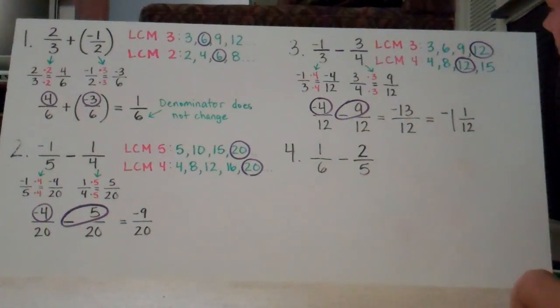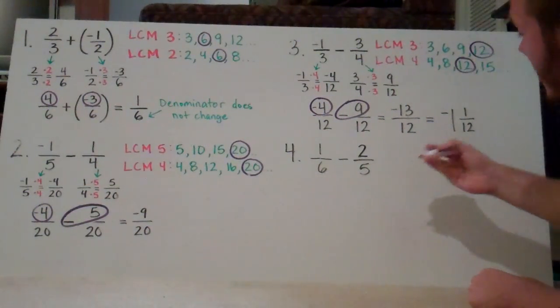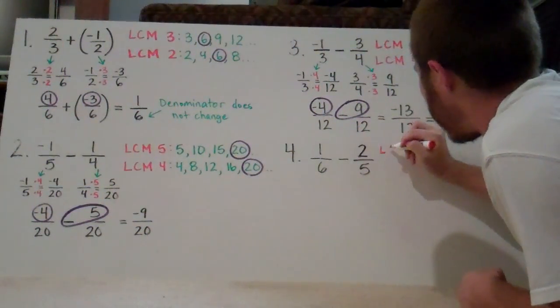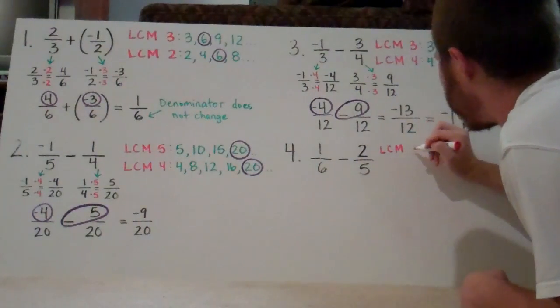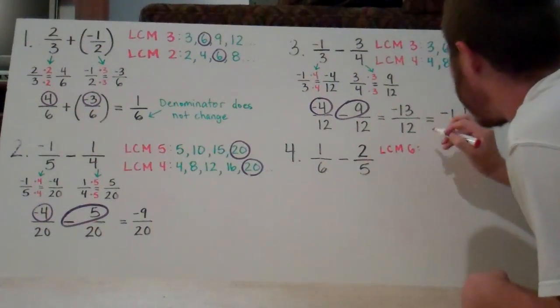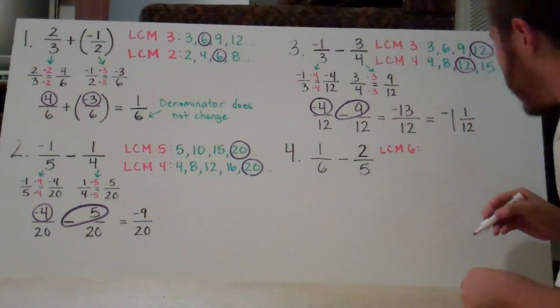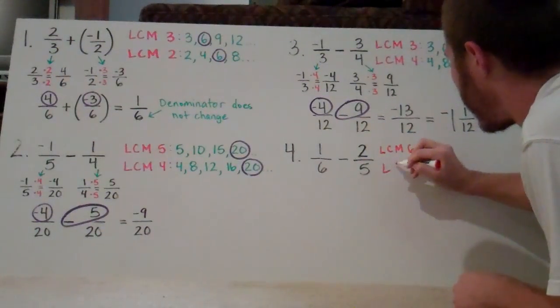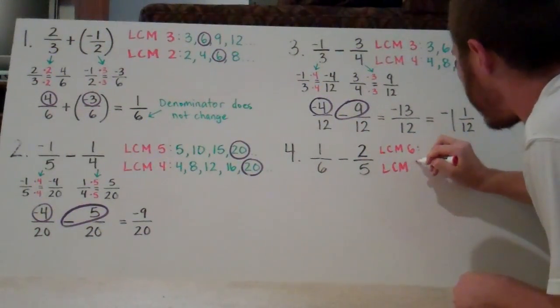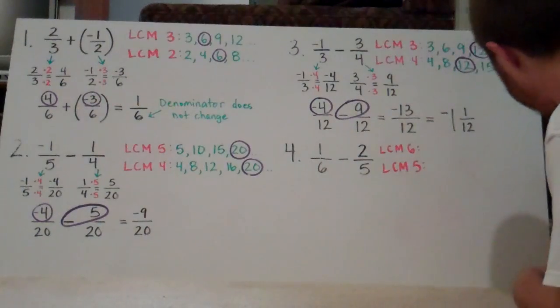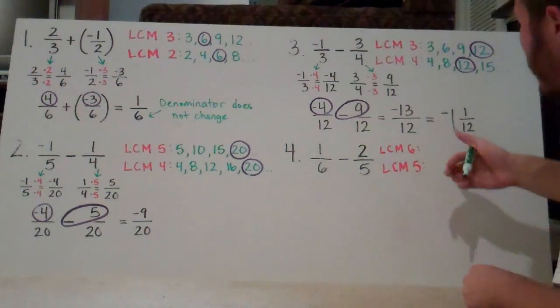1/6 minus 2/5. Alright, first thing I need to do is find the multiples of the denominator. So I've got least common multiple of 6, and least common multiple of 5. Well, least common multiple of 6.